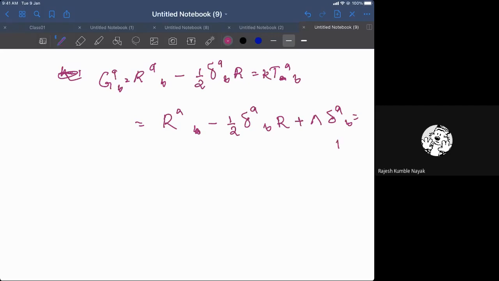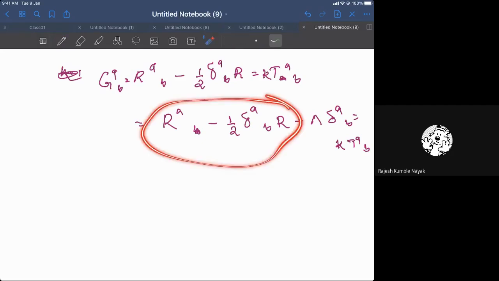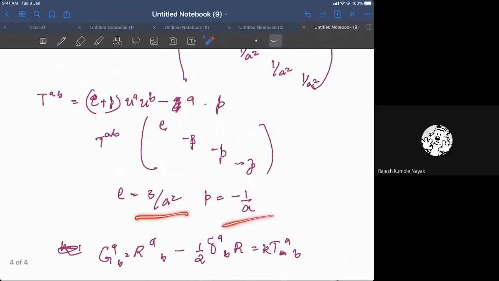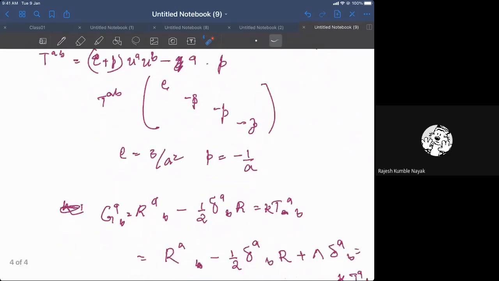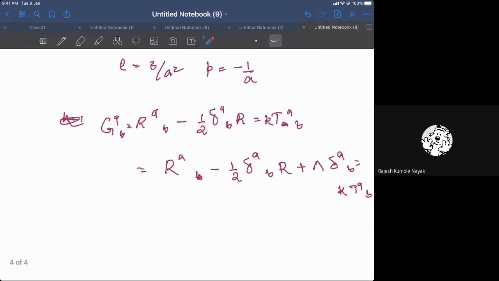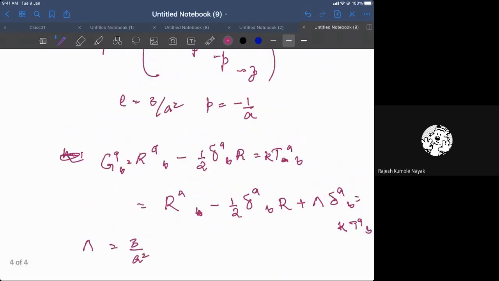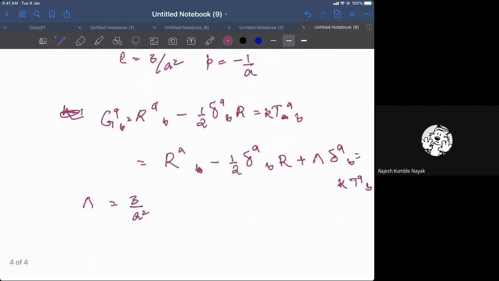That is what he said, let this be my theory now. It is not just this term; I need to add some more, such that the problem of negativity can be got rid of by simply adding a lambda equal to 3 by a squared, and then everything would be all right.